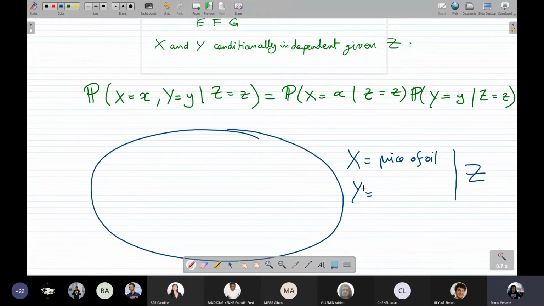X is a random variable. It can be 1, it can be 1.32, whatever. And Y will be, for example, the number of births in a particular moment.